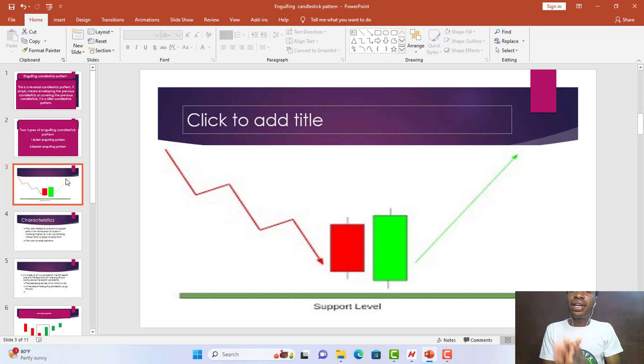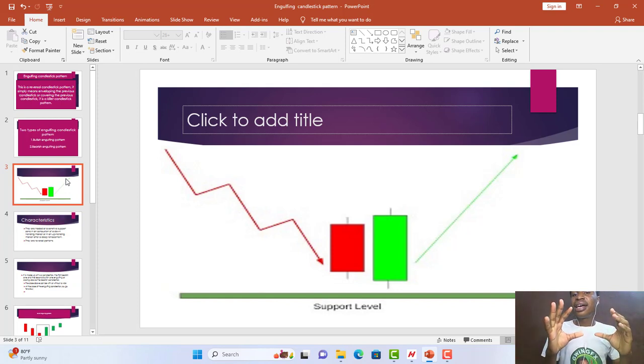In an uptrending market, at what price do you buy? You buy at a higher low. So when the market is done making a higher low or a deep retracement, you can look out for your candlestick confirmation, and one of the confirmations is this engulfing pattern. When you get it, you go in for your buy.